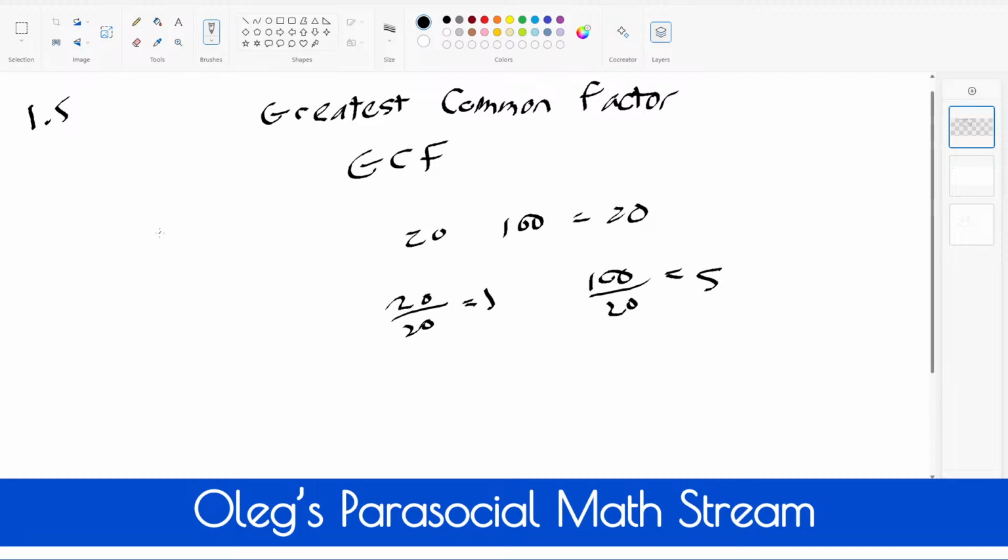Let's try 16 and 18. Well, the greatest common factor here is going to be 2, because 18 divided by 2 is 9, and 16 divided by 2 is going to be 8.